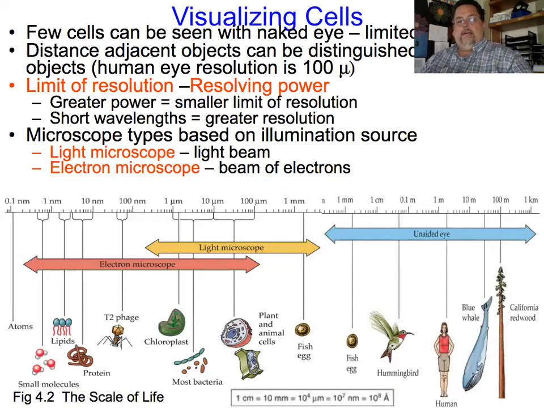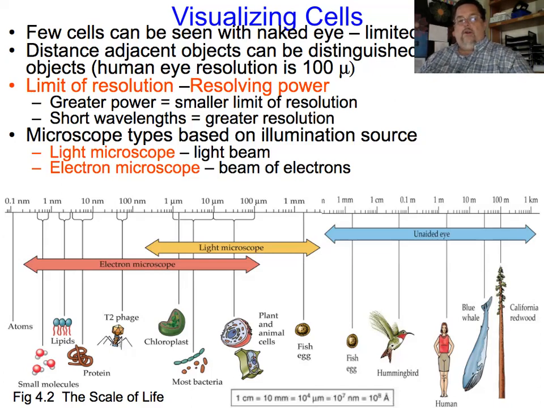Just to give you an idea, a lot of things that are cell related get to the point where an unaided eye can't see it. Now, that doesn't mean that you can't see a cell with your eyes. Big cells like fish eggs are really just giant cells before they've divided that you could see with the naked eye, but it's at the very bottom of our ability to see.